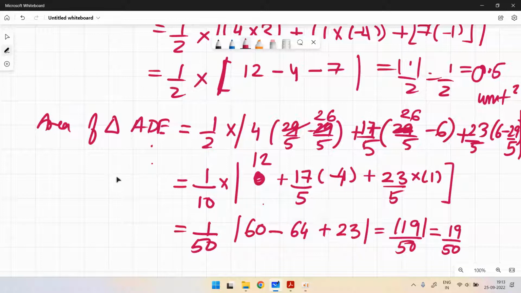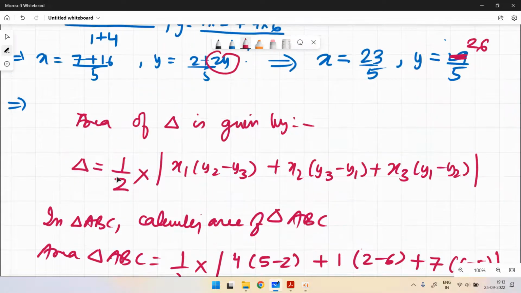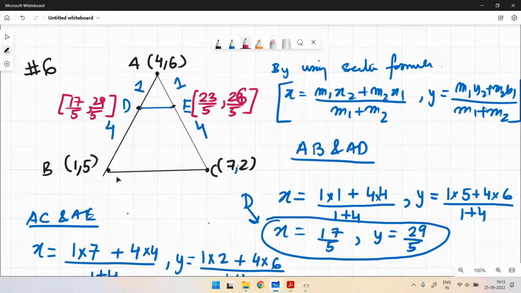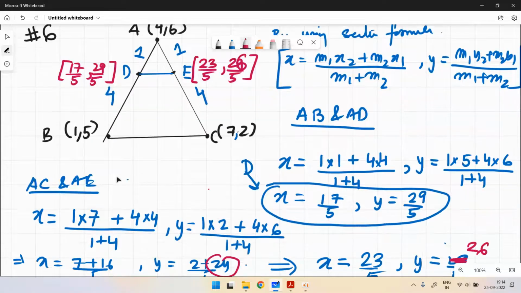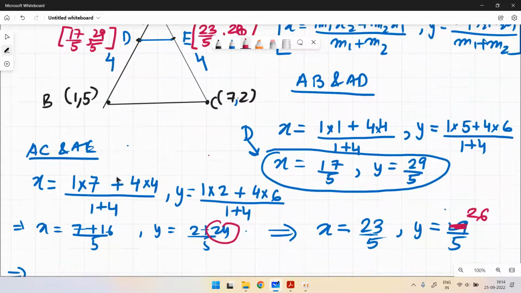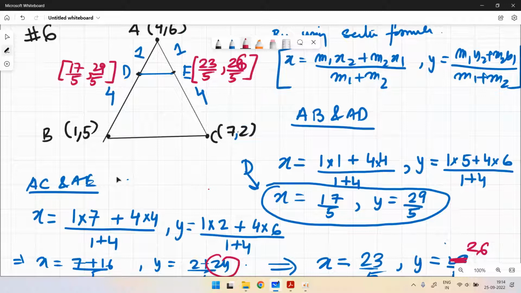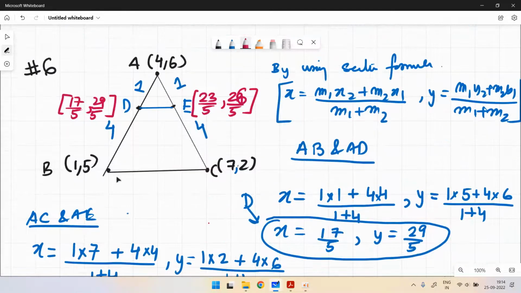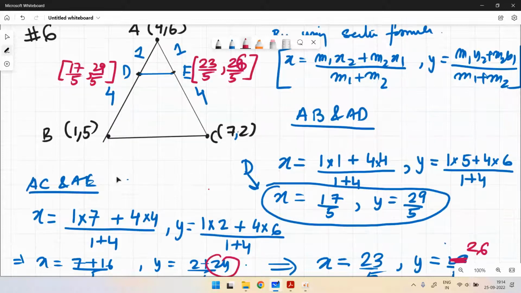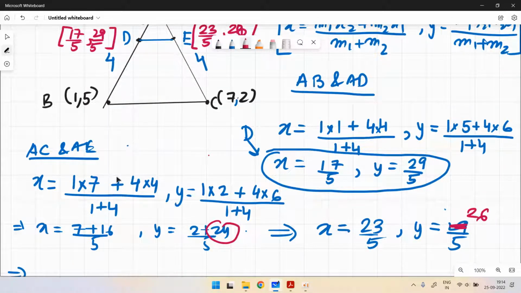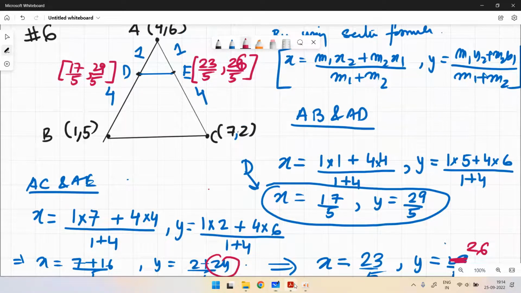Let me check what is wrong with this. 4 into 6 plus 1, 17 by 5, and this is 1 into 5 plus 4 into 6, so 24 plus 5, 29 by 5. Okay, this is correct. And this next is 26 by 5, and this is 3 by 5, so this is 6 for that 4, 16 plus. 1 by 4 only, no?